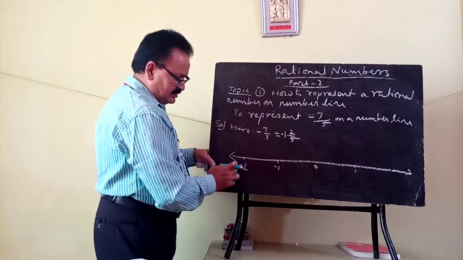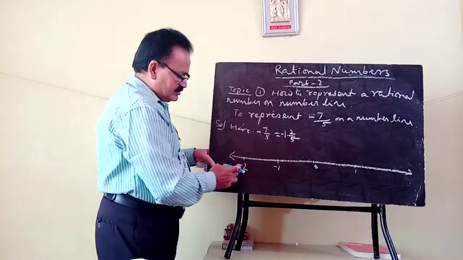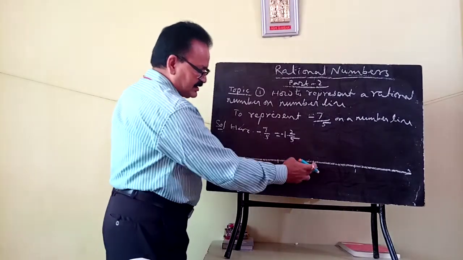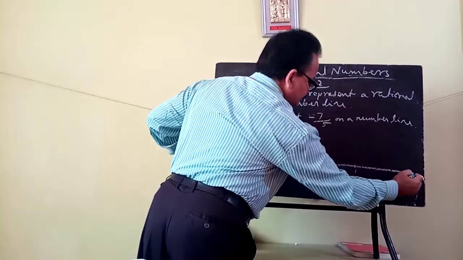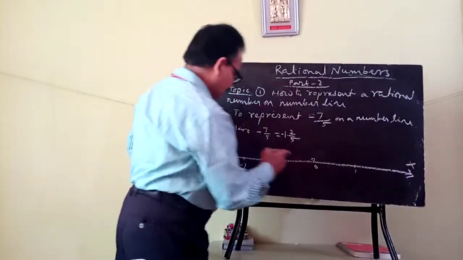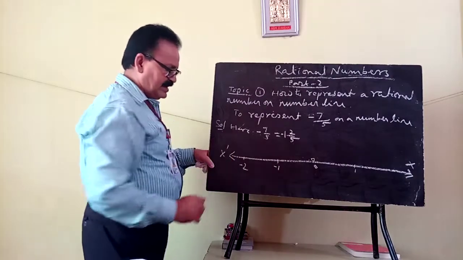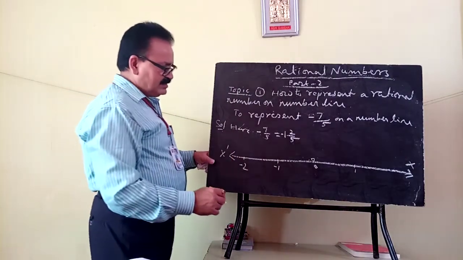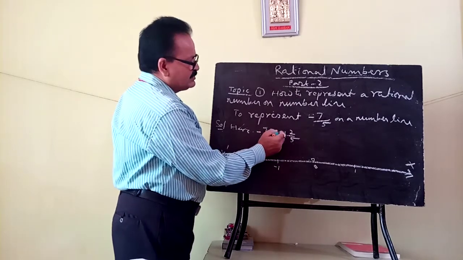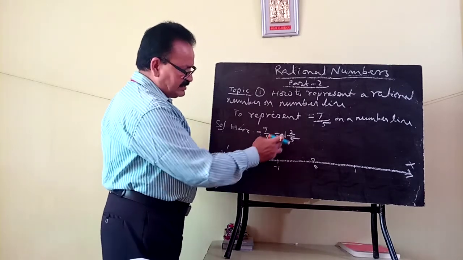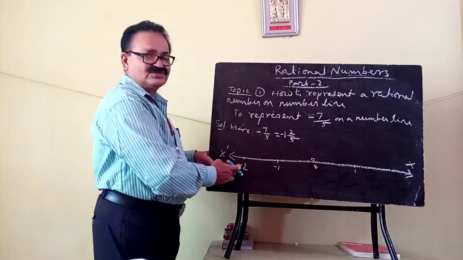This is again one part more, so this will be your minus 2 starting from O. So here X dash is your number line. Our target is to represent minus 7 by 5, which will lie in between minus 1 and minus 2.